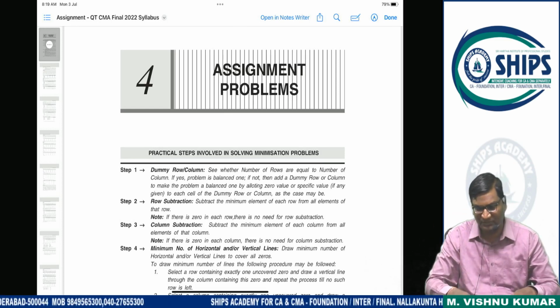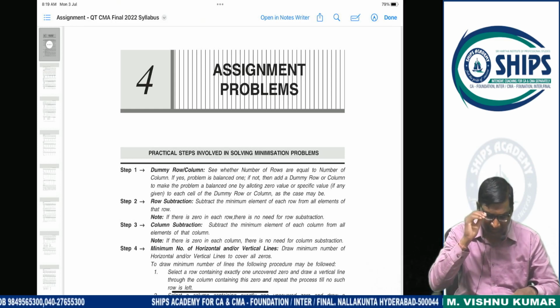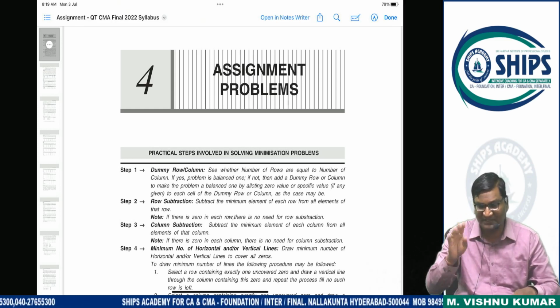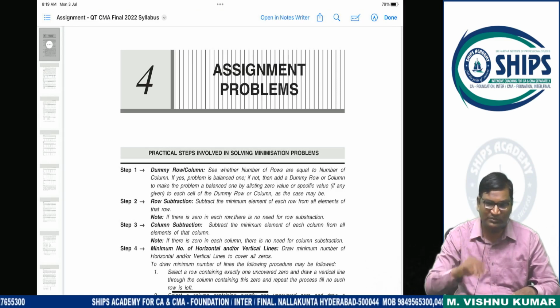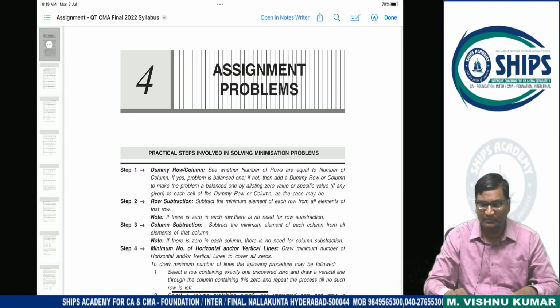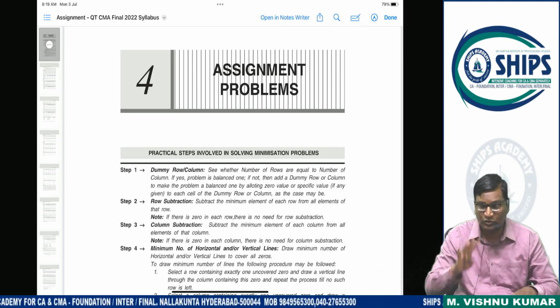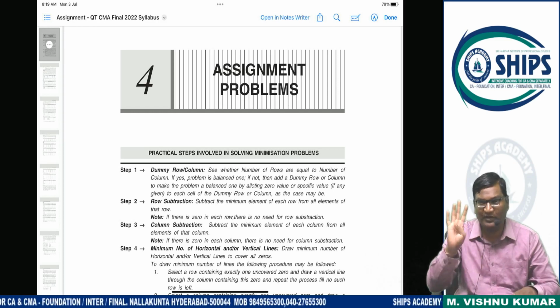Simple example. Suppose in one college, 4 lecturers are there and 4 classrooms are there. It is a part-time college, understand, not full day. So 4 lecturers should be assigned to 4 classrooms.